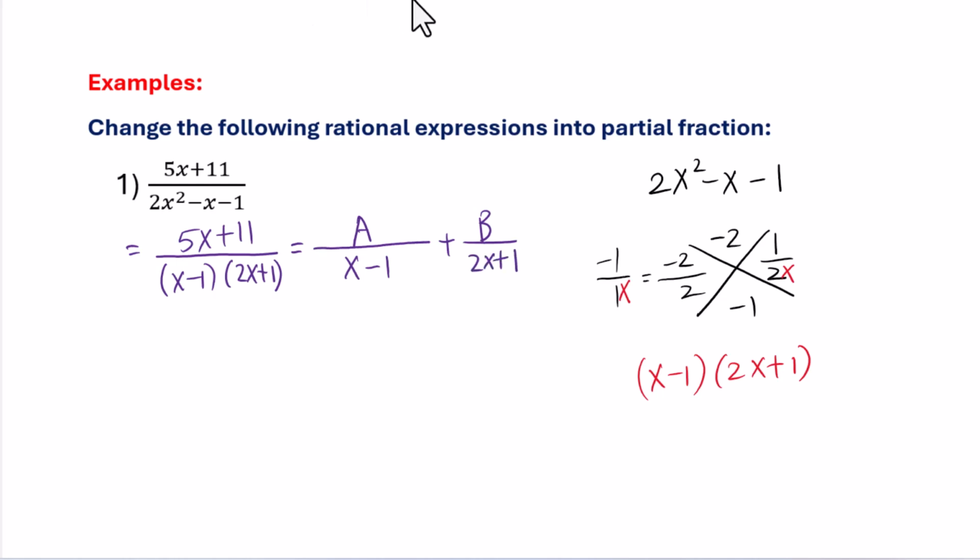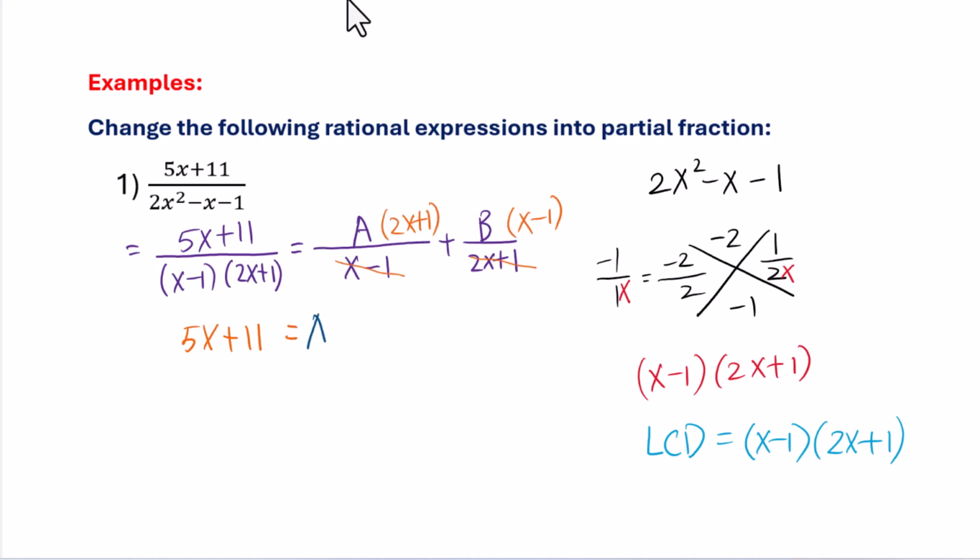First of all, we will get rid of the denominator. LCD equals x minus 1 times 2x plus 1. Both sides times LCD. We will get 5x plus 11 equals a times 2x plus 1 plus b times x minus 1. Then either we make 2x plus 1 equal to 0 or x minus 1 equal to 0.